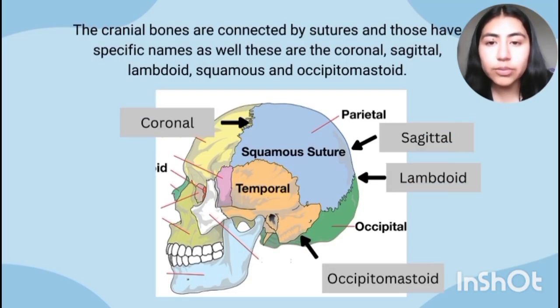The cranial bones are connected by sutures, and those have specific names. As well, these are the coronal, sagittal, lambdoid, squamous, and occipital-mastoid sutures.